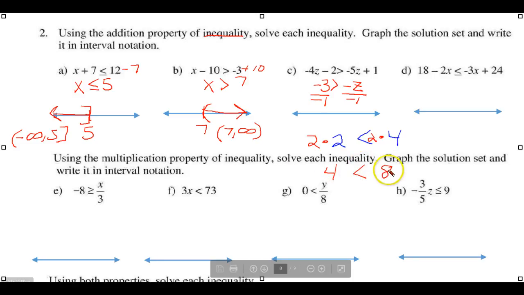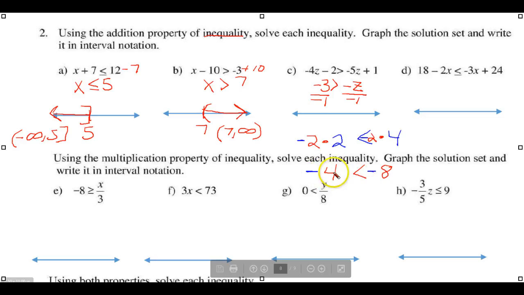And that is true. But if I were to multiply this side by a -2 and this side by a -2, this would be a -4 and a -8.